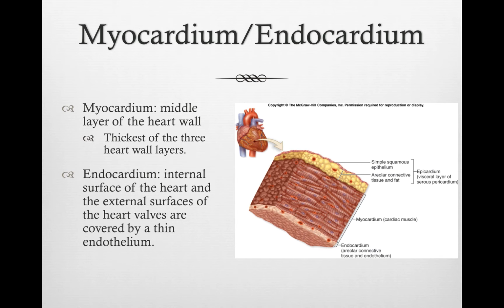The endocardium lines the inside of the chambers, and this is basically an endothelium. It's an epithelium, but it lines an internal structure, so it's an endothelium. It lines an open space, so it's an epithelial tissue, and it's there to line the internal surface of the heart chambers, as well as the heart valves. So that's where the endothelium or the endocardium is.